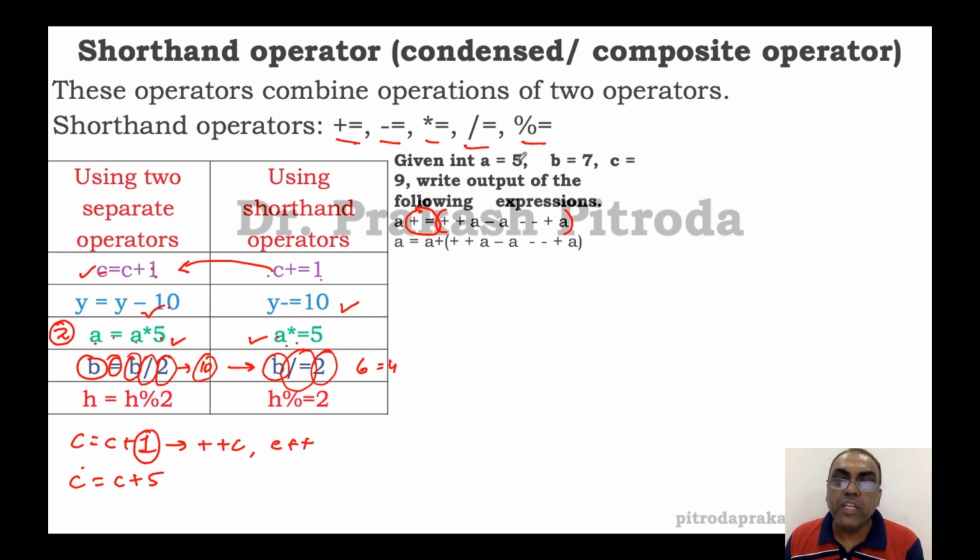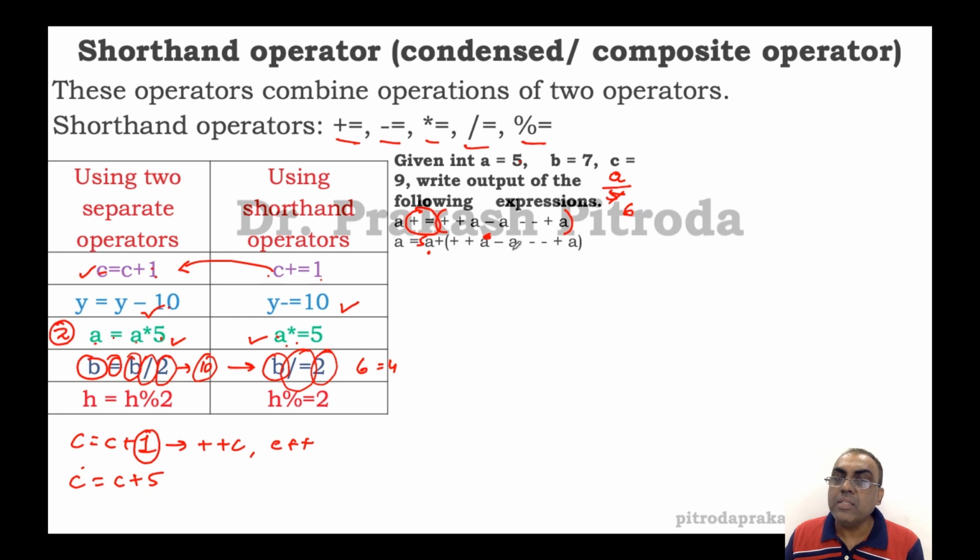So my value of a is 5. So I'm putting a as 5 over here. First I'm going to apply 5 over here, plus as it is. Then ++ will make this 6, and then apply 6 here.